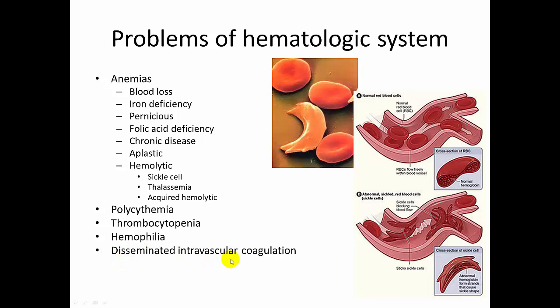So this is really a significant disorder, and if you look at the extended PowerPoint, you'll see that one of the slides says death is coming because if not recognized and treated early, the patient will bleed to death. So that's just a quick overview of some of the disease processes that we're going to discuss.